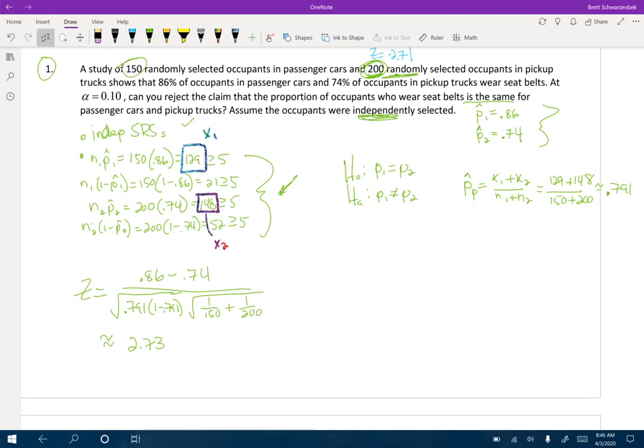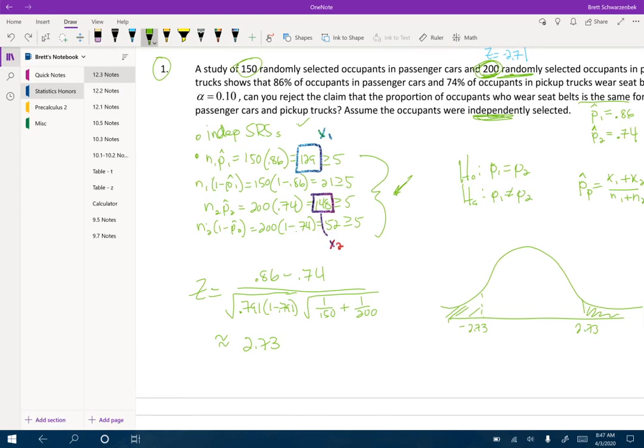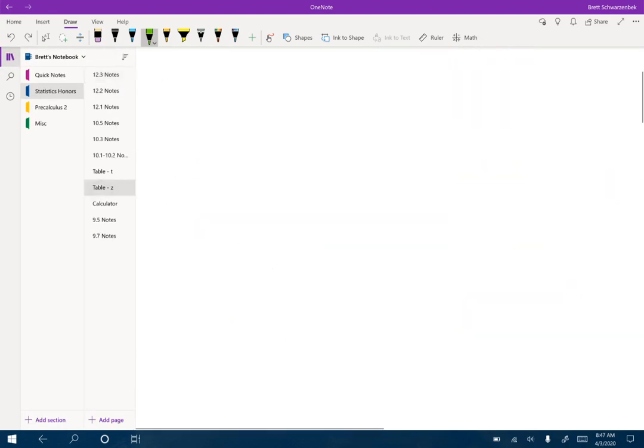So this is a two-tailed test. I'm going to stick to p-value again. So we got 2.73 up here, which means we have a tail area, but because it's two-tailed, we also have a symmetric tail area over here we need to compute. Either way we want to do it, it doesn't matter. If you want to use the chart more effectively, then you probably want to take negative 2.73 and look that up, because you know the chart goes to the left of everything.